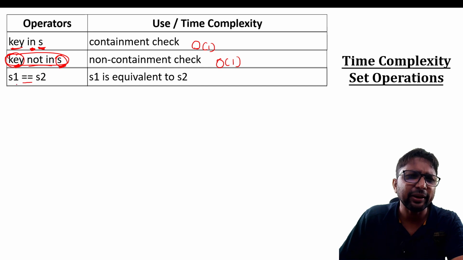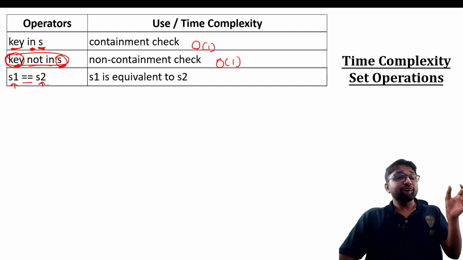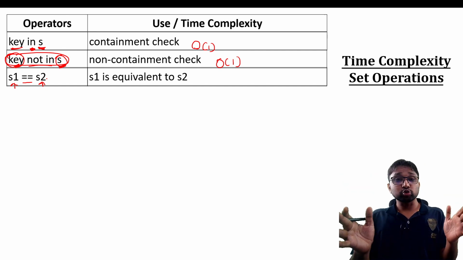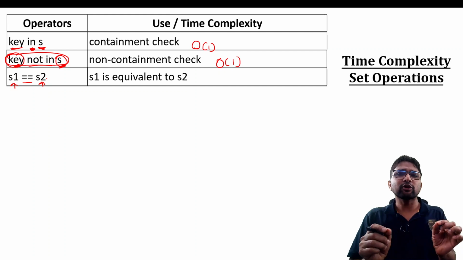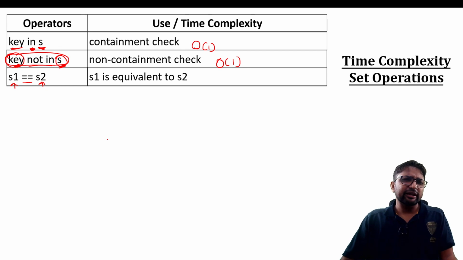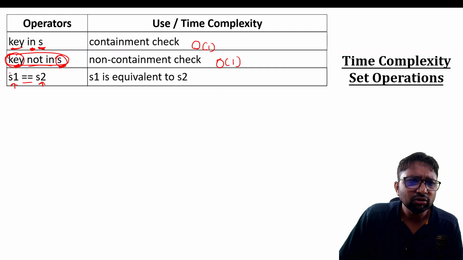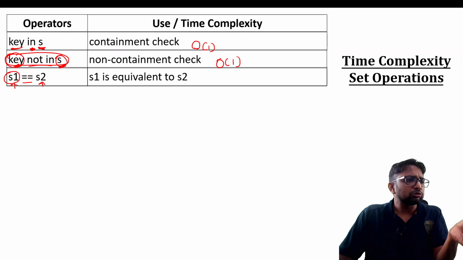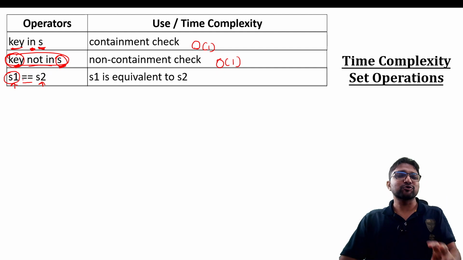Next operation is the equivalent operation. We are comparing two sets, set 1 and set 2. If all the elements of S1 match all the elements of S2, and the number of elements in S1 and S2 is equal, then only we say that the two sets are equal. How much time will this take? Simply, you take the elements of S1 and compare them one by one into S2. If all are matching, then you say the two sets are equal.